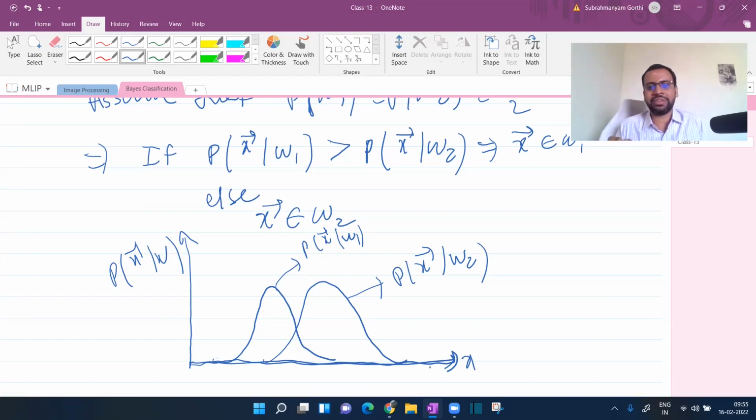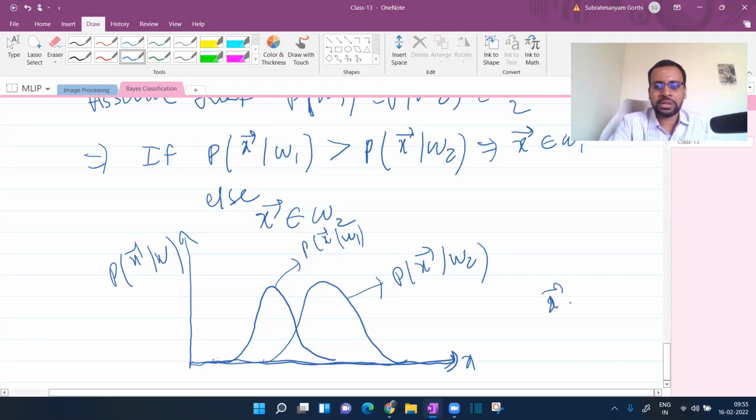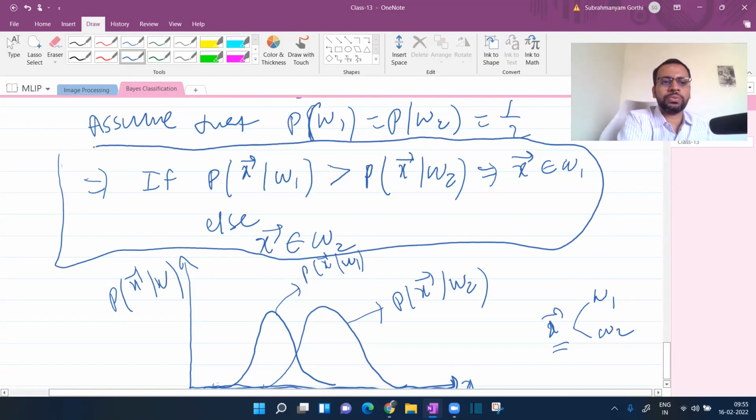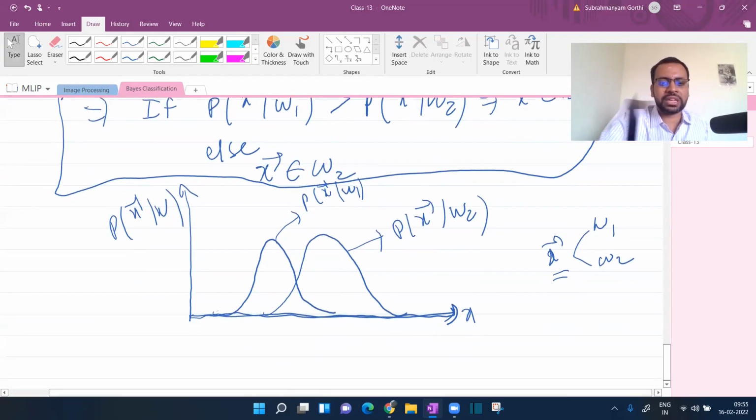Assume that they have equal variances and just the mean is varying. The implication of what I mentioned will become clear to you at later points of time, but at least by looking at these graphs, you tell me when do you assign a given x bar to omega 1, and when do you assign it to omega 2? The condition is already given here. How do you interpret it in terms of this graph is all I'm asking.